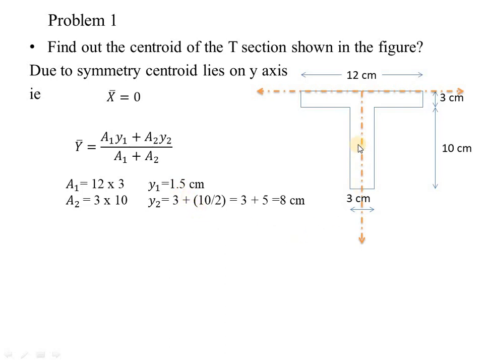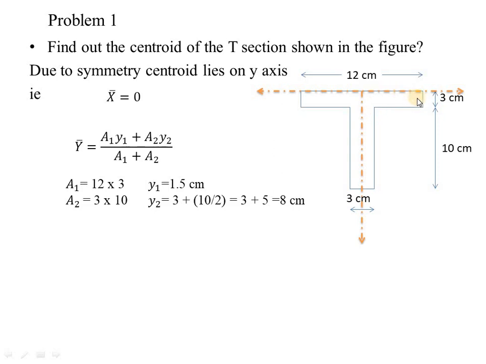Now we have to find out y2. So, we are cutting the section here. This rectangle forms the second section. The midpoint of this rectangle will be located at the center of this rectangle, that is at a distance of 10 by 2, that is 5. So, it will be located at a distance of 5 centimeters from this point. But we have to find out the distance from our assumed axis.